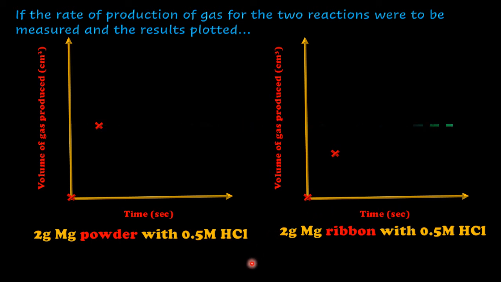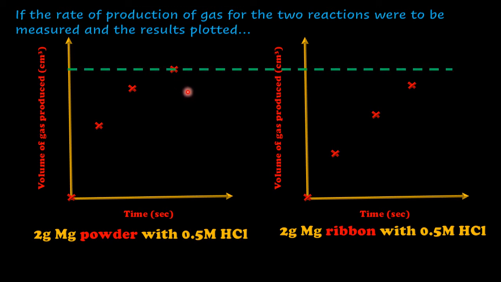In that same vein, when we have the second plot, we'll still realize that the volume of gas produced is still much higher than the volume when we have the magnesium ribbon. Again, when we put the next plot, that one too for the powder is much higher than the one for the ribbon.